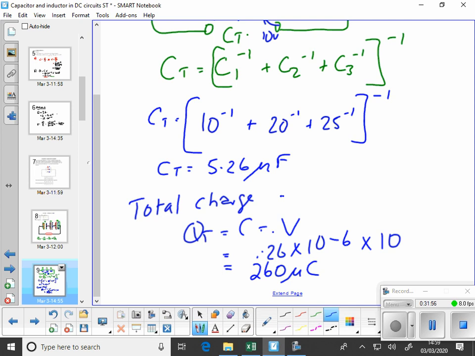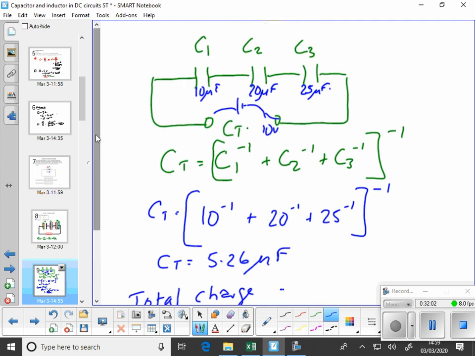Everyone agree? That's the total charge. Now, that total charge is on each of those capacitors. Everyone's got the same charge on it.